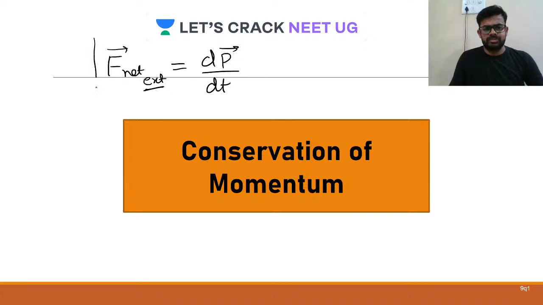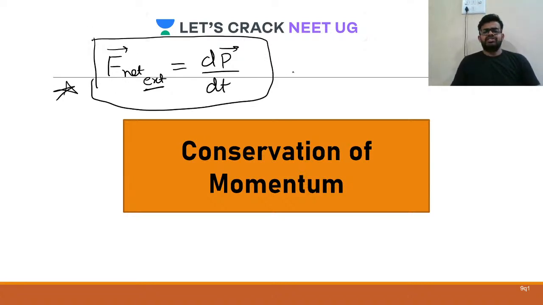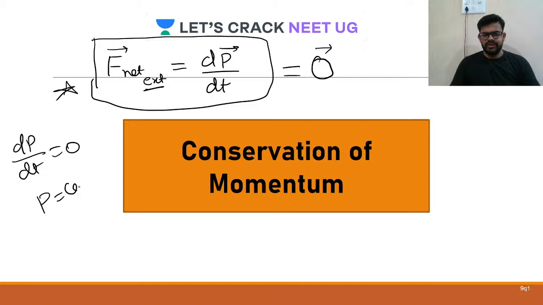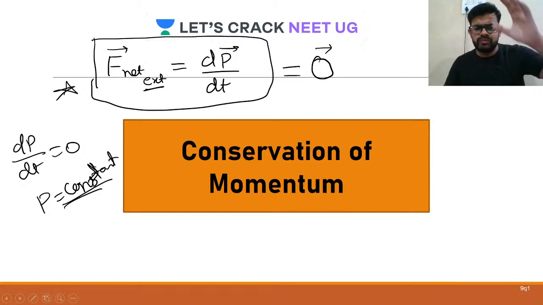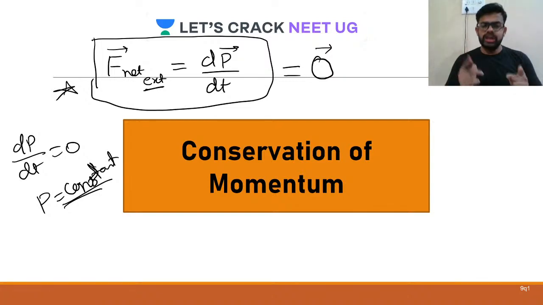For a system, if external force is absent, then dp by dt is equal to 0, which means momentum is constant. This is applicable for a complete system. So if the net external force on a system is 0, then the total momentum of the system remains conserved.